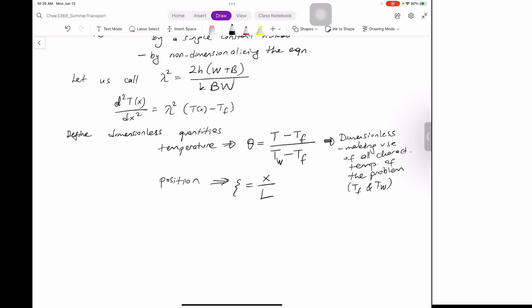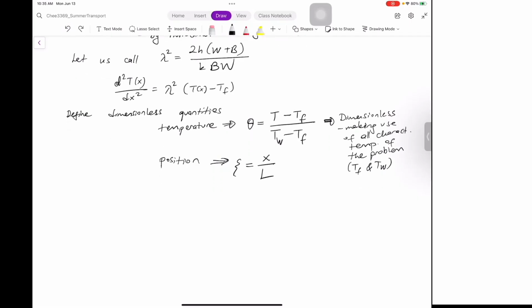More correctly, the temperature is varying along the x direction only. So since my temperature is a function of x, and I want my theta to be a function of psi, I just want to rescale it using the L instead of the B's and W's.